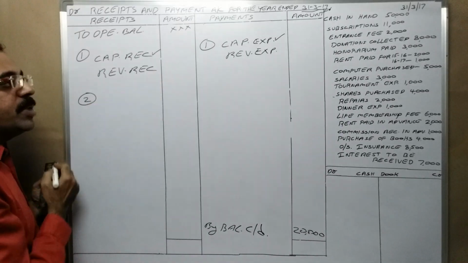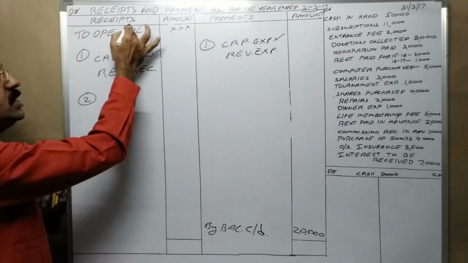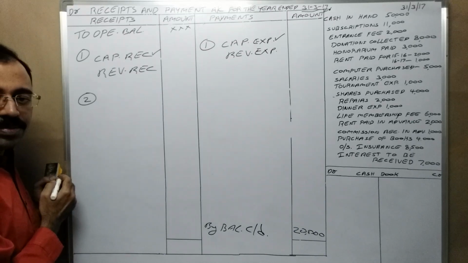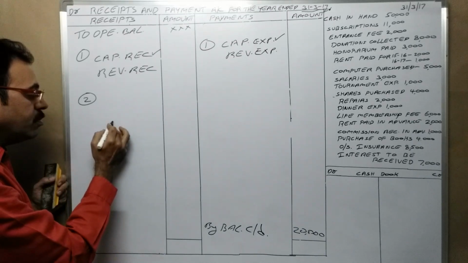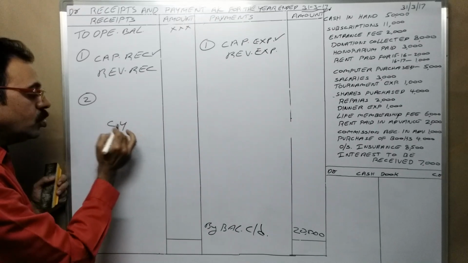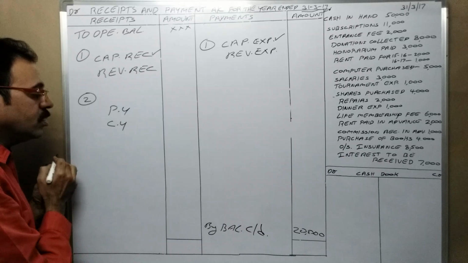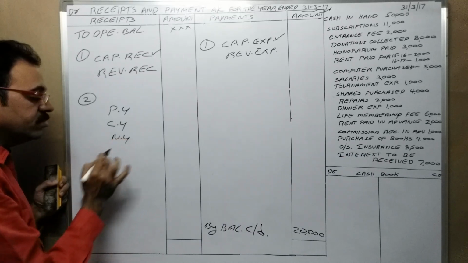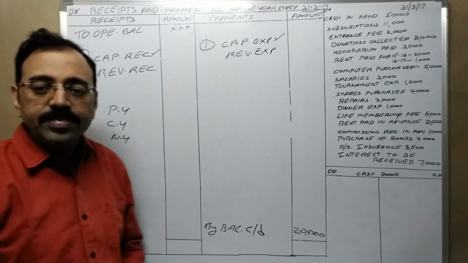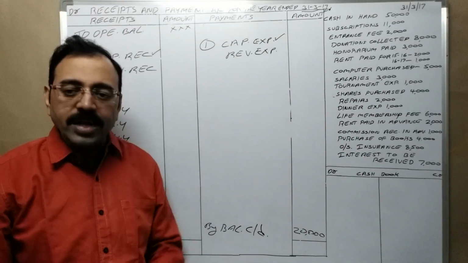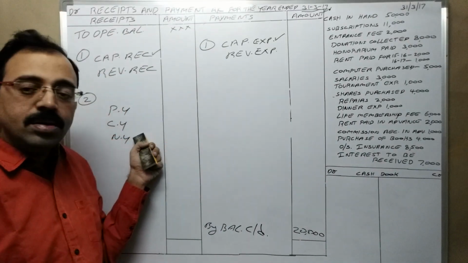Then second point is, in receipts and payments account, debit side receipts we write. While writing the receipt, that income may belong to current year, previous year or next year. It doesn't matter. If that income is coming in current year, we should write that in debit side.